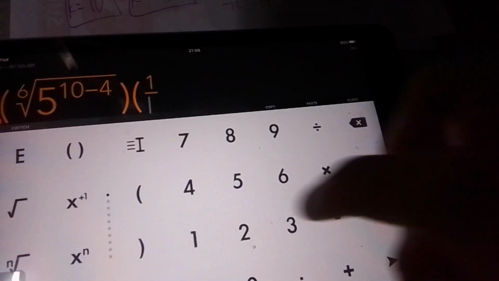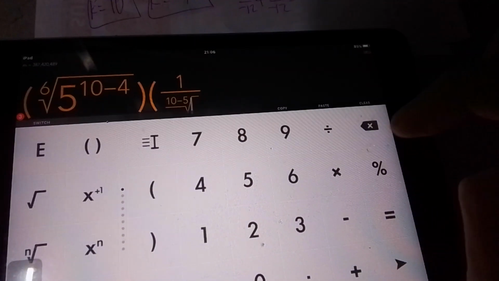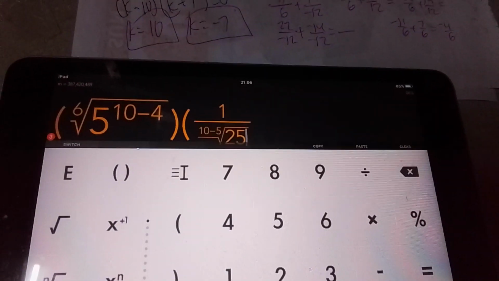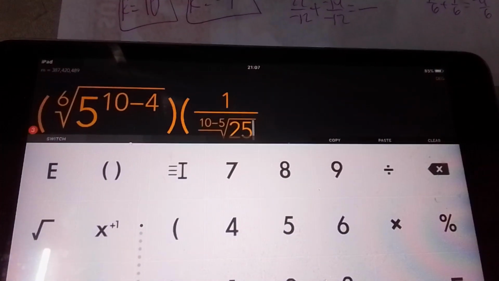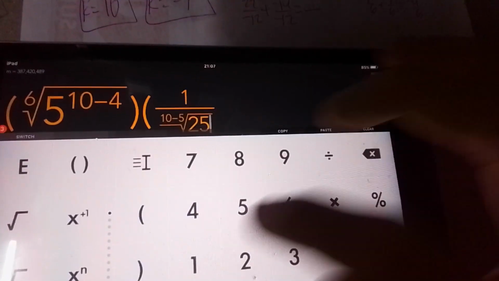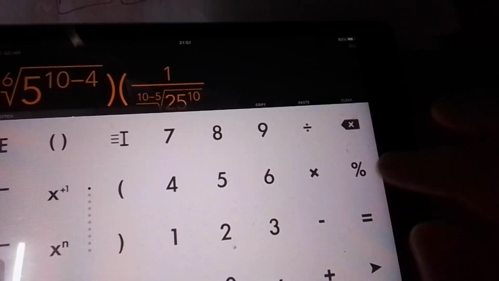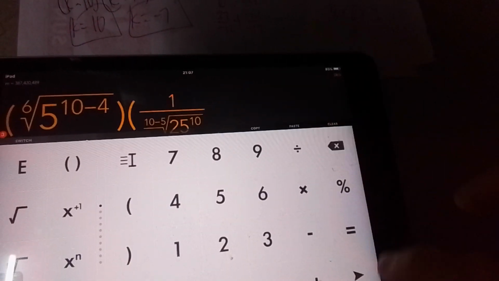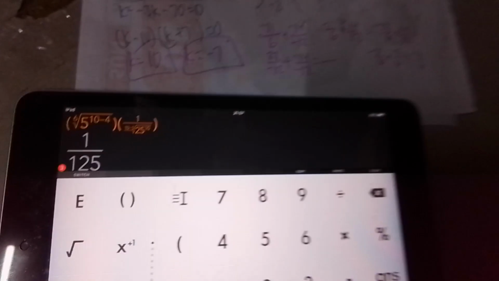So that's 1 over the 10 minus 5 power of 25 raised to the, what is that power? 10, right? Sorry, 10. And then parentheses. Did we get 1 over 125? Yes, we did. Correct. That's the right answer.